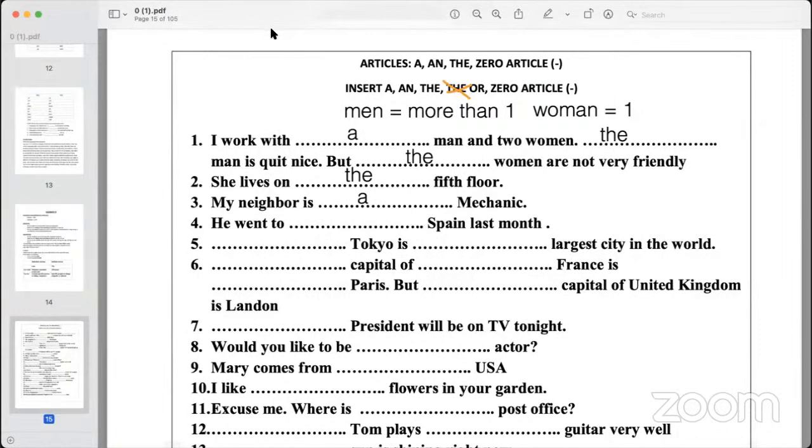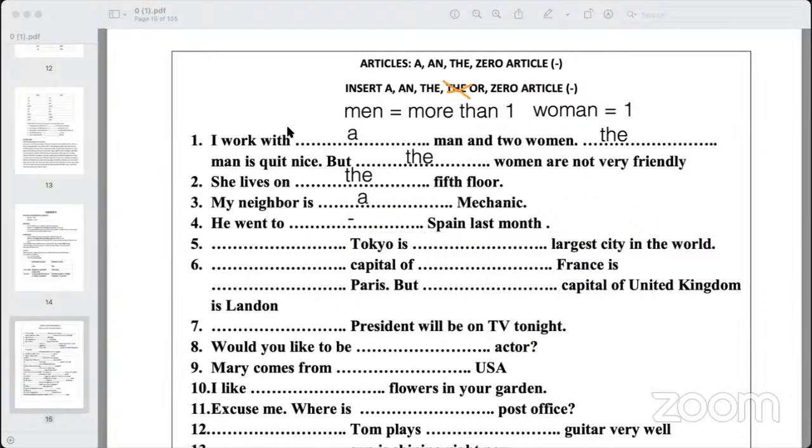So this one, you will just use a dash because it's a zero article. So you won't say "he went to a Spain." "A Spain" does not make sense because Spain is a country. And you won't use "an." And you won't say "he went to the Spain last month" as well. So it's a zero article.